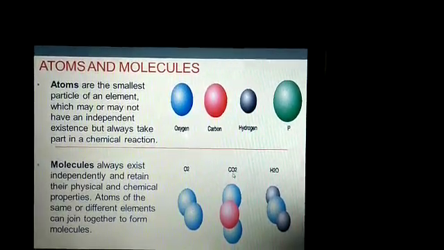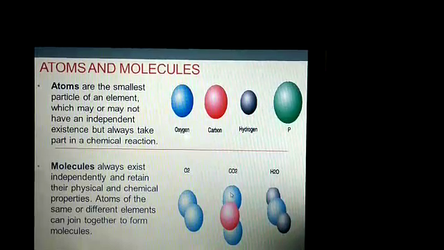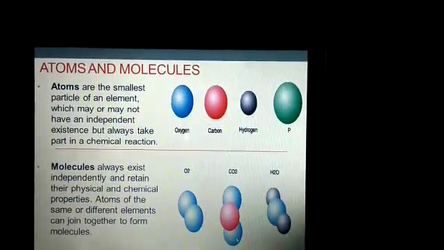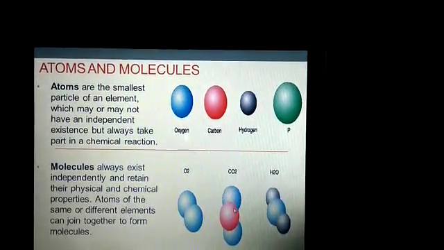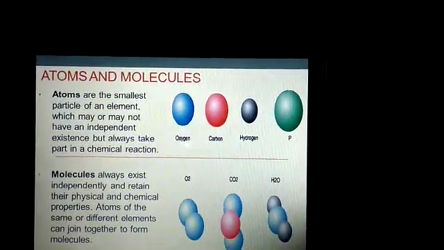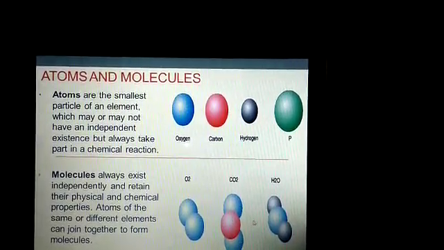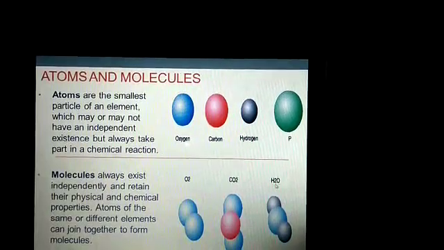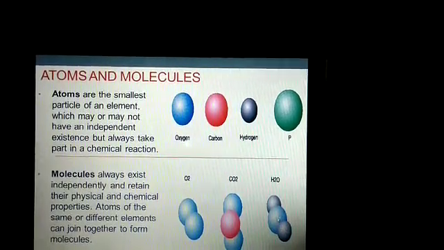The second is CO2, that is carbon dioxide molecule made up of one carbon atom and two oxygen atoms. And the last one, H2O, that is water molecule made up of two hydrogen atoms and one oxygen atom.